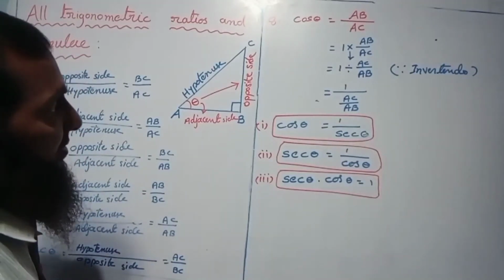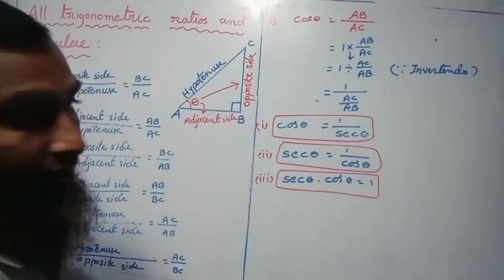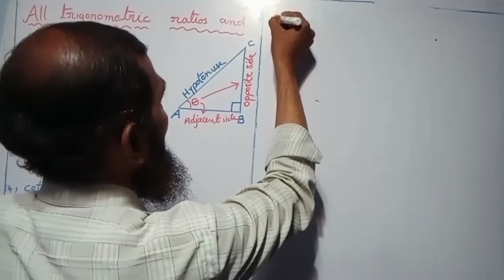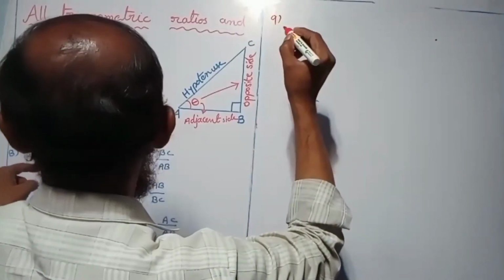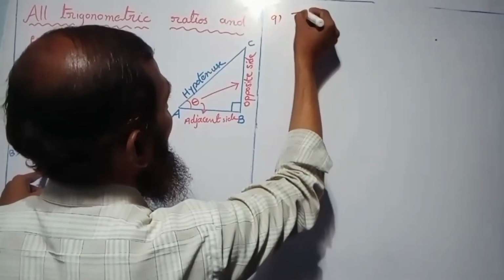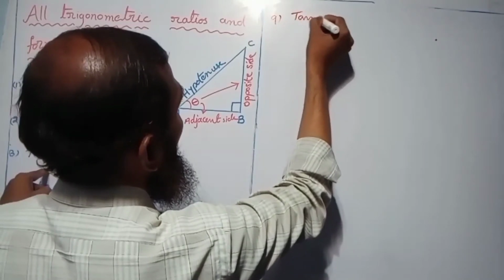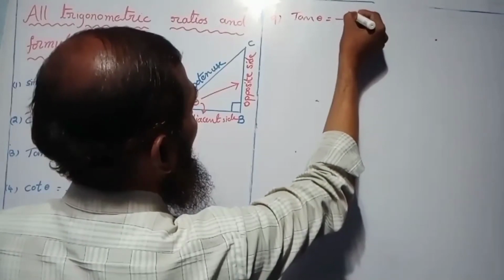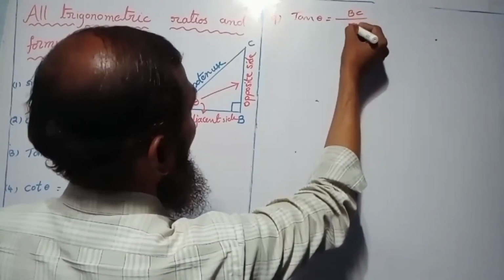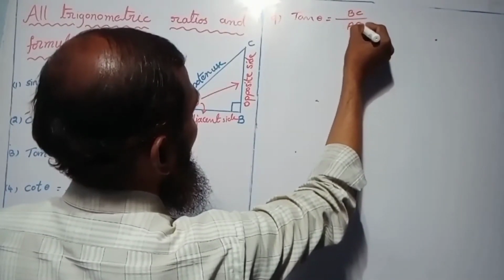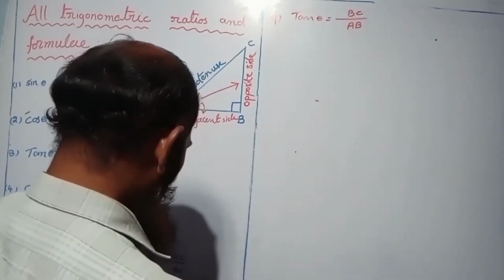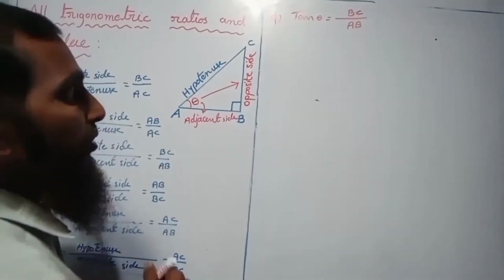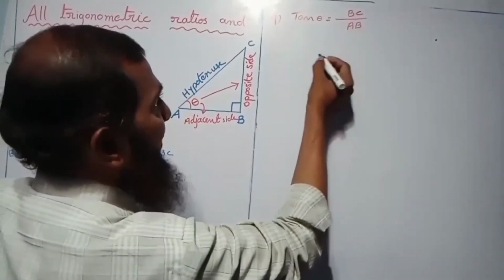Now let us come to the next formula. Okay, come to the 9th formula. Tan theta is equal to BC by AB. So tan theta is equal to BC by AB.